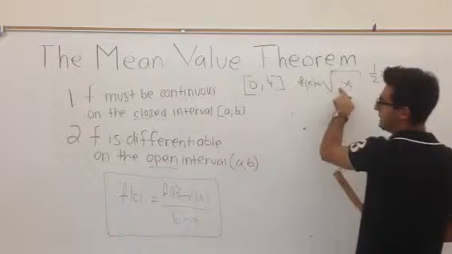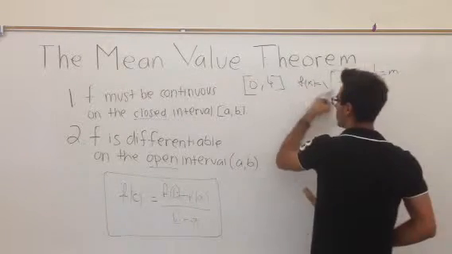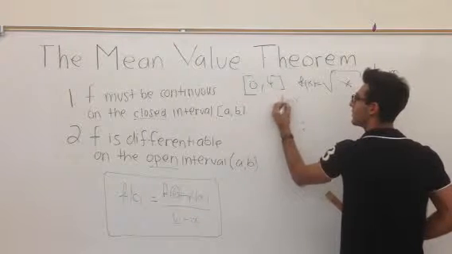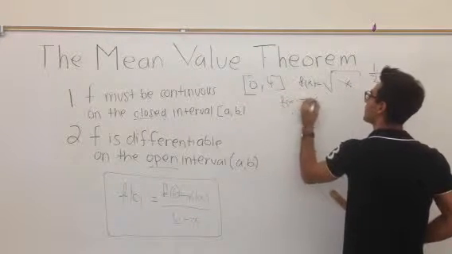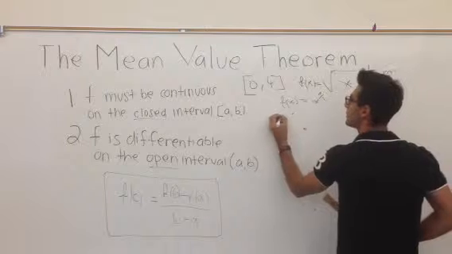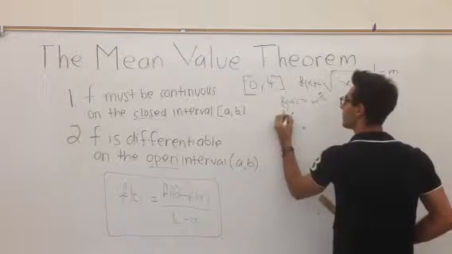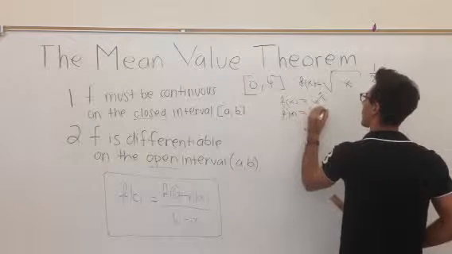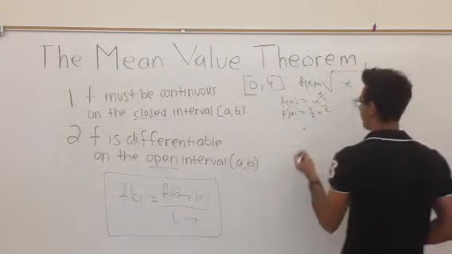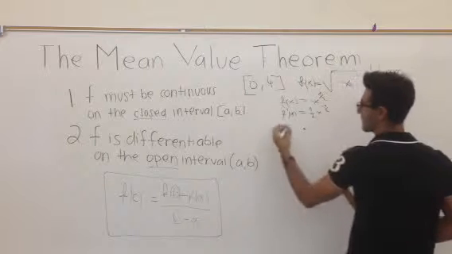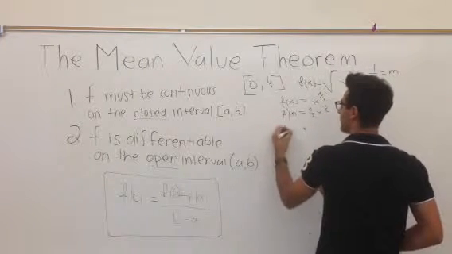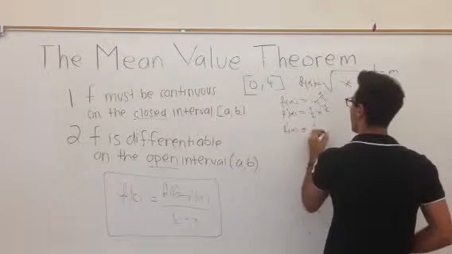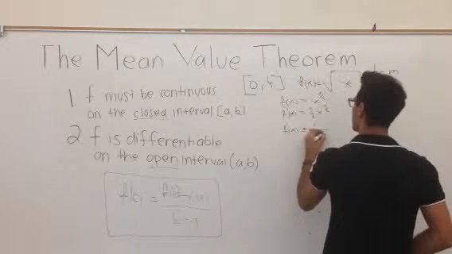So what is the derivative of our f of x? Let's rewrite this first. We would get f of x equals x to the power of 1/2. So f prime of x would be 1/2 x to the power of negative 1/2. We can rewrite this again as f prime of x equals 1 over 2 square root of x.